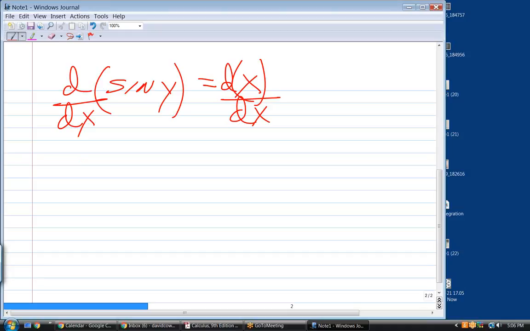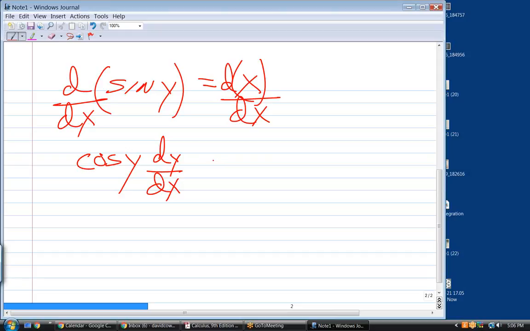When you are doing implicit differentiation, and you come across a variable that is not the denominator variable, in other words, it's not x, then you explicitly differentiate that, becomes cosine y, but you have to follow it with a dy dx, only because y is not x.